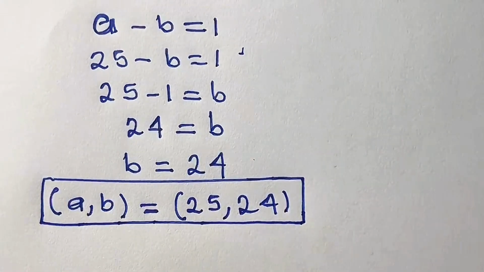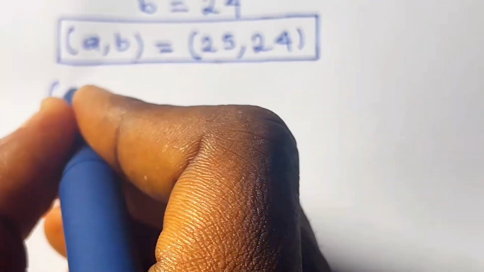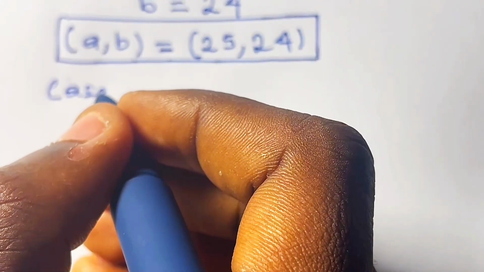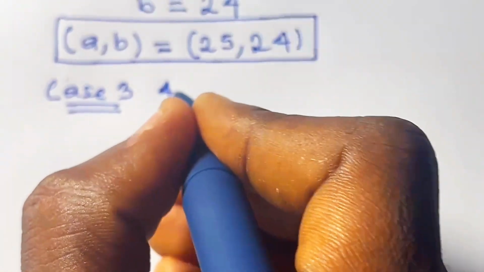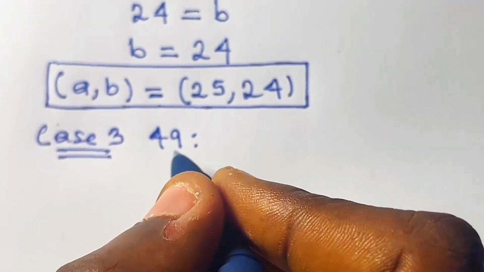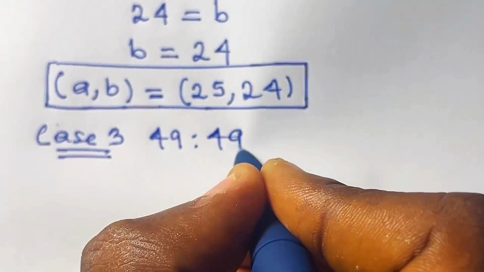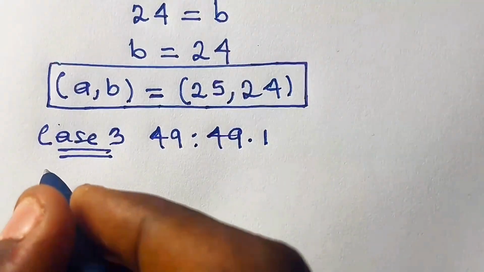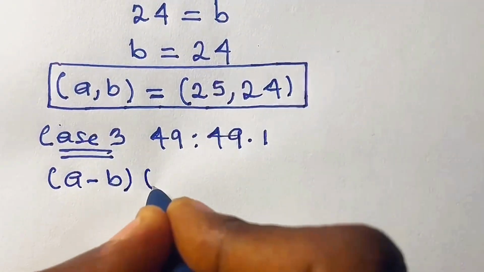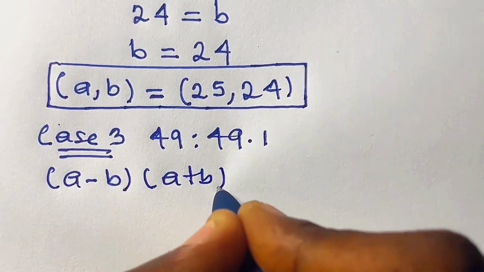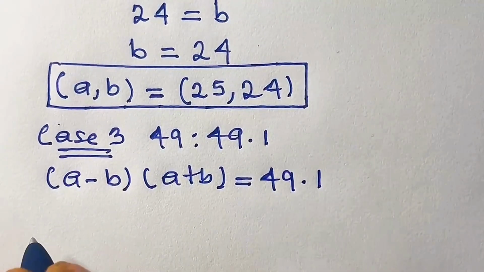For the third case, that is case 3, the factors we have are 49 times 1. So we have a minus b multiplied by a plus b equals 49 times 1.